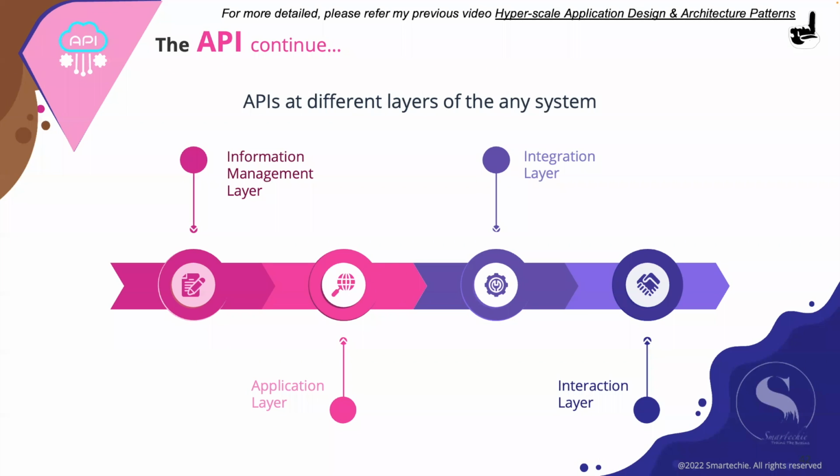The interaction layer is also the layer where you want to do some CRUD operations, like updating some configuration, retrieving some configuration, and maybe cleaning up some configuration. Those kinds of functionalities are probably needed by every system. So this is the layer where the APIs also come into play.